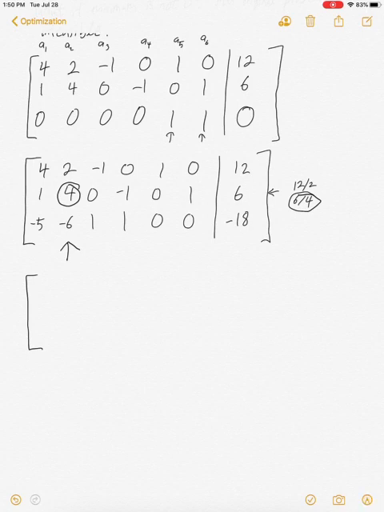So if we do the pivot, I won't do all the calculations carefully. I'll just copy it down, but we end up with this. So our second column becomes 0, 1, 0. That's what it had to be. And then when we perform this pivot step, we get this matrix.